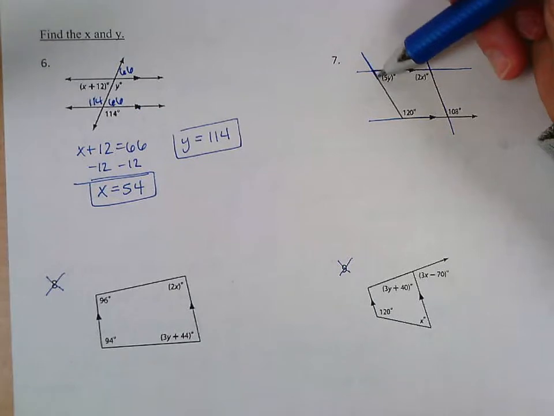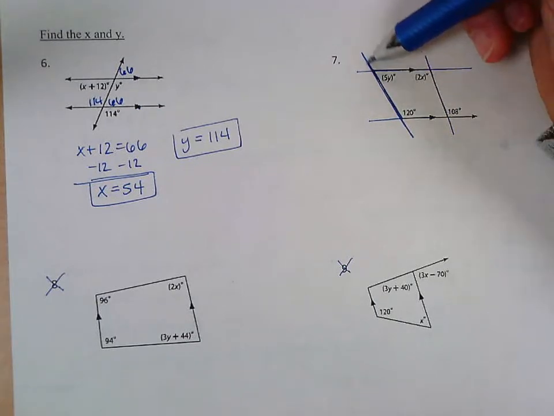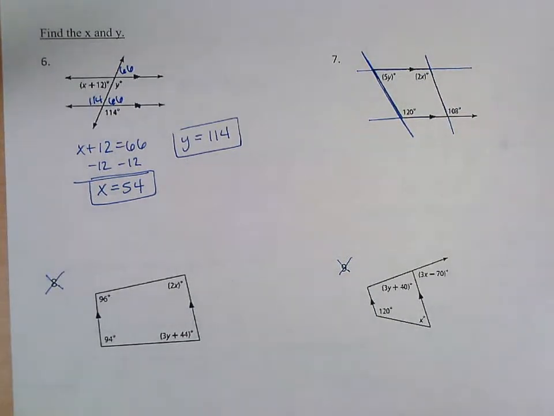So sometimes just extending those might help you see the picture a little bit better. There's 2 parallel lines and then there's 2 different transversals. Any ideas how you could find x or y? Okay. So right here.